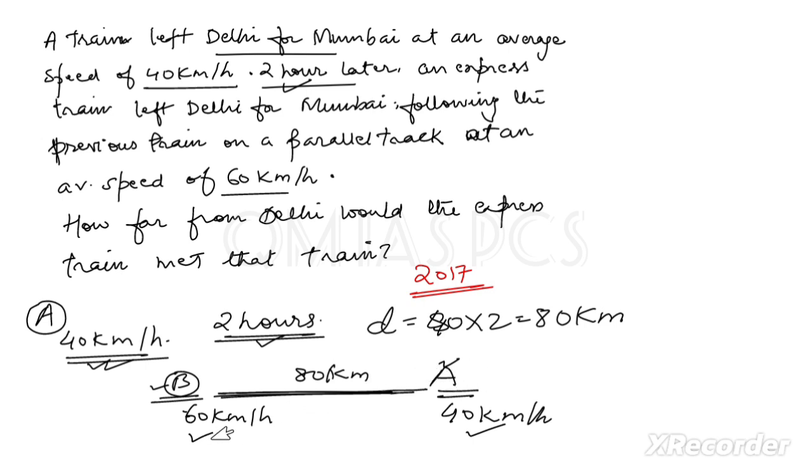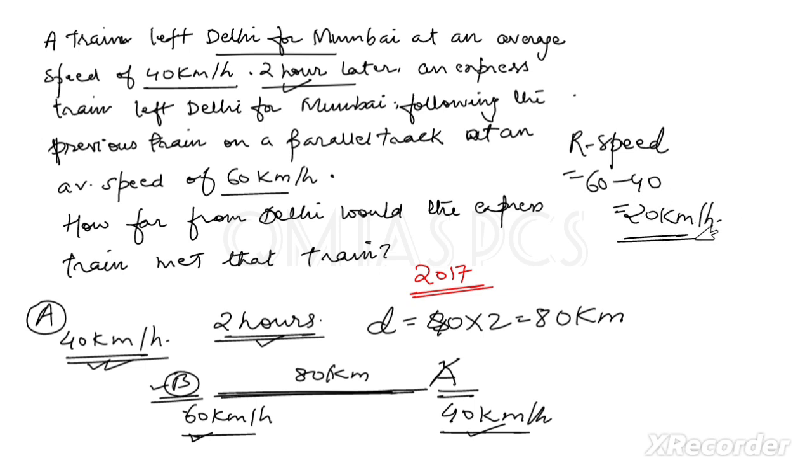So what is the relative speed of both trains? If they are traveling in the same direction, we have to find the relative speed. As I have told you, when they are traveling in the same direction, we have to subtract. So 60 minus 40, and that will be 20 kilometer per hour. That is our relative speed.